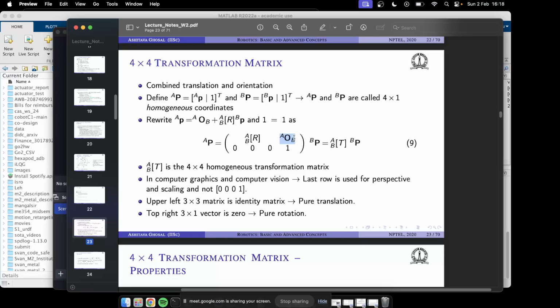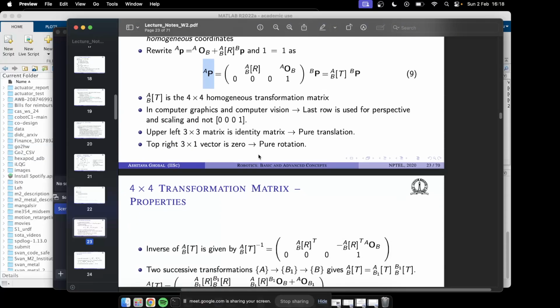So there is a translation and then a rotation, both combined. And together we make this matrix a 4 cross 4 matrix and we denote it by the alphabet T. So this matrix takes a position vector described in frame B to its corresponding description in frame A.